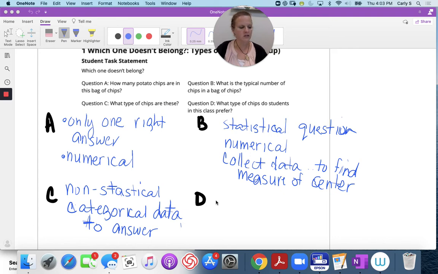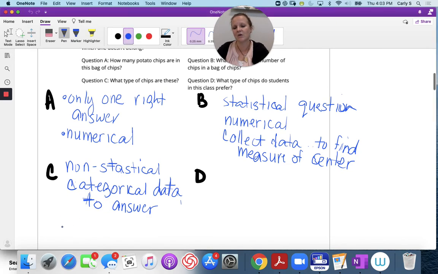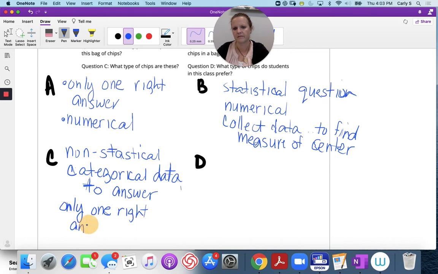Still on question C, it's not statistical, and it requires categorical data to answer, and there's only one right answer. Okay. Question D, what type of chips do students in this class prefer?